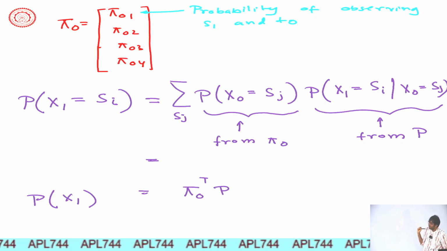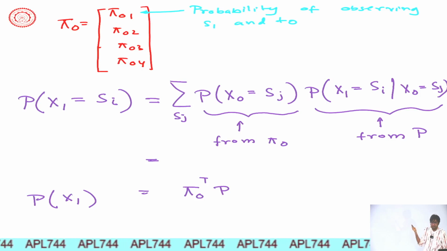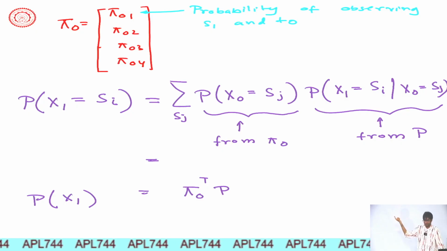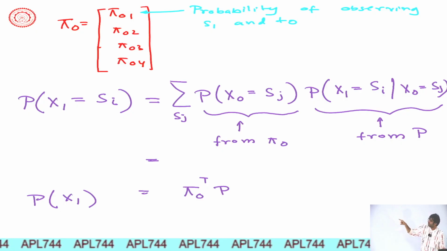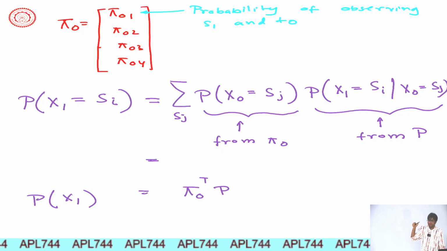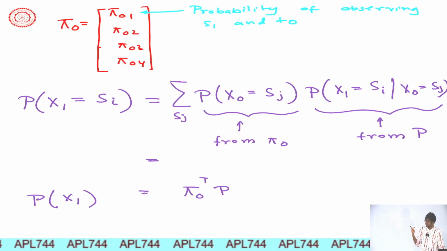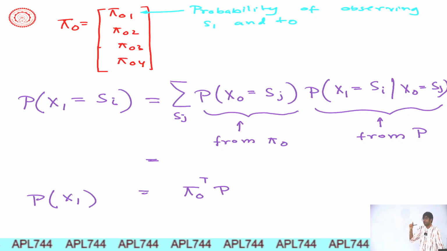The first one will be pi 0 1 multiplied by p going from 1 to 1, because I said that S1, right? The second one will be pi 0 2 multiplied by probability of going from 2 to 1, and then the third one will be pi 0 3 multiplied by probability of going from 3 to 1, and like that for the fourth term.